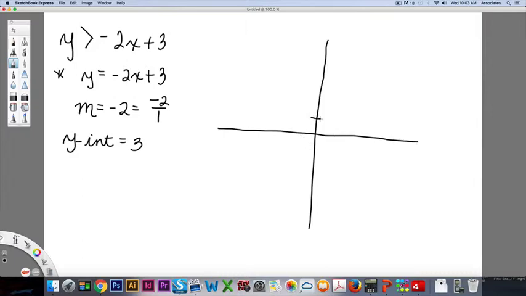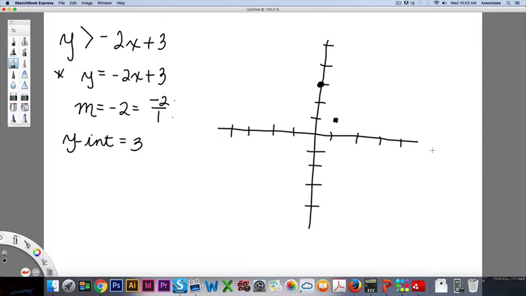My y-intercept is at positive 3. Let me put some tick marks on my coordinate plane. The slope is negative 2 over 1, which means go down 2, right 1, down 2, right 1. So I've got the 2 points for my line.